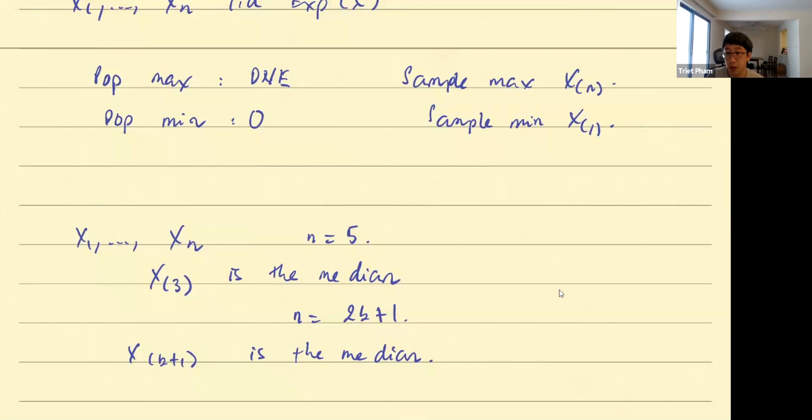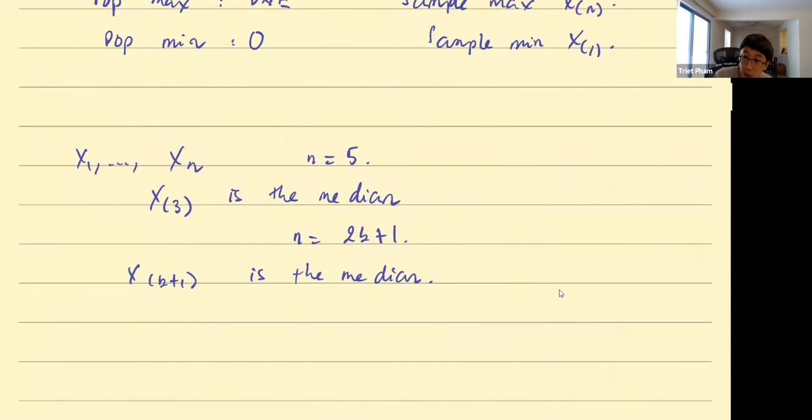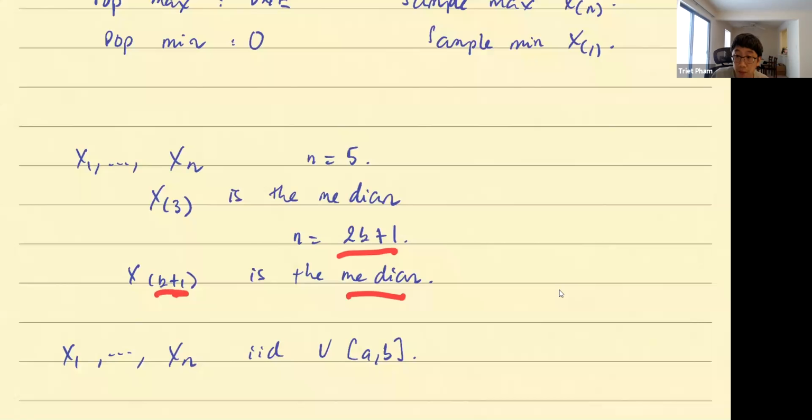Now, what role does the median play in things? So let's go back to some example. Let's say we have x1 up to xn, IID uniform AB. Okay. So by the way, when we discuss the median, to make things simple, we always assume odd sample size, so that the median is one particular value in the sample and not the average of the two middle ones.